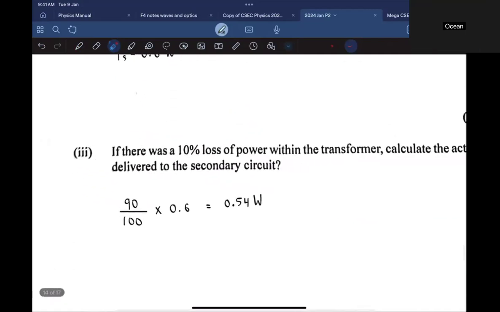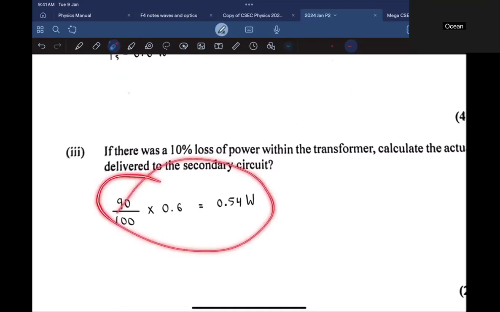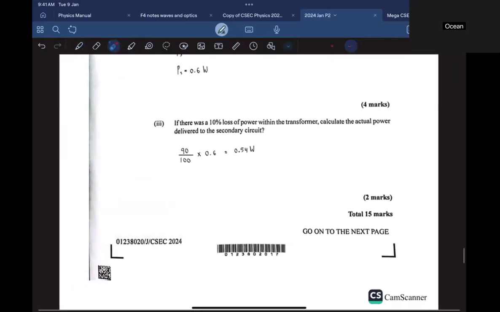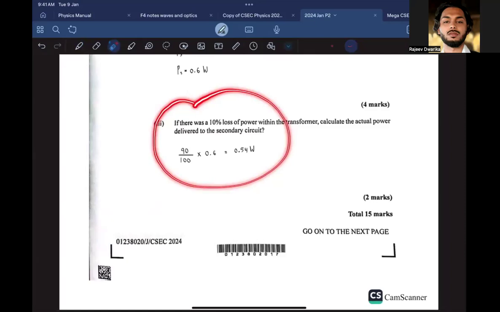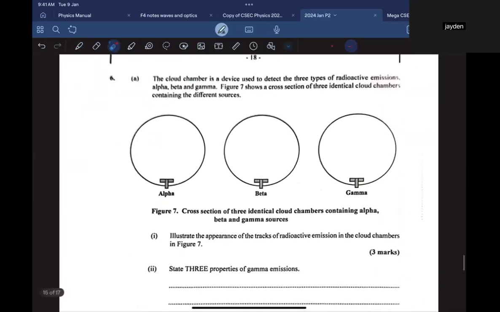And so if it has a 10% loss, how much percent actually reaches the output? 90%. Right. So just to make sure you fully understand what I did there. I take it that you fully understand. Yes, sir. And Jadon, if you're losing 10%, that means you only had 90% of 0.6. I understand. Right? So we move on.